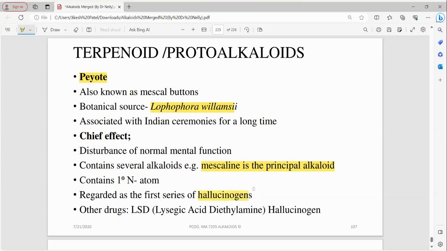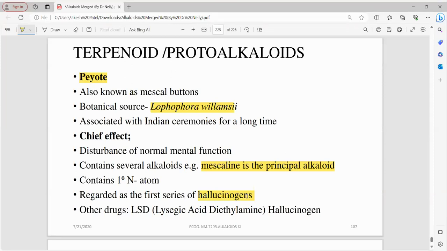Another such drug is LSD, which is a banned drug and also a hallucinogen. This Lophophora williamsii is the source of your mescaline, and all of these are controlled drugs, Schedule 1. They are not even used medically.